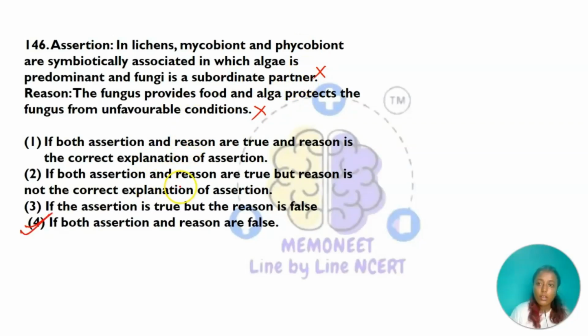This is because in lichens, mycobiont is the fungal component, and the phycobiont is the algal component. Since alga has chlorophyll in them, they provide the food, and the fungi provides them the protection they need. So that is why option 4 is the correct option for this question.